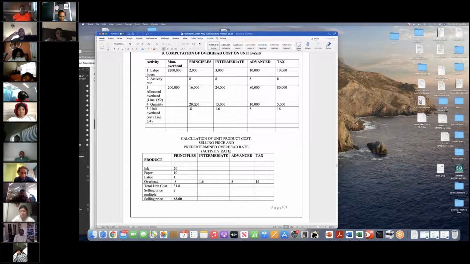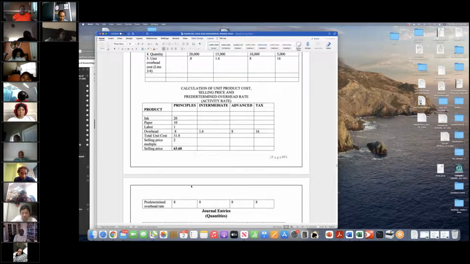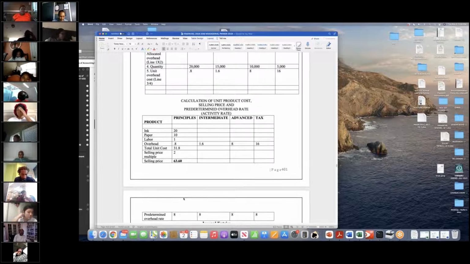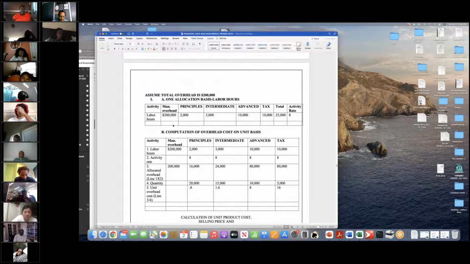We bring down this calculated overhead rate of 0.8. And so the total unit cost is 31.8. The selling price multiple is 2. And so $63.60 becomes the selling price of the principles book, and the POR is 8. Are there any questions?